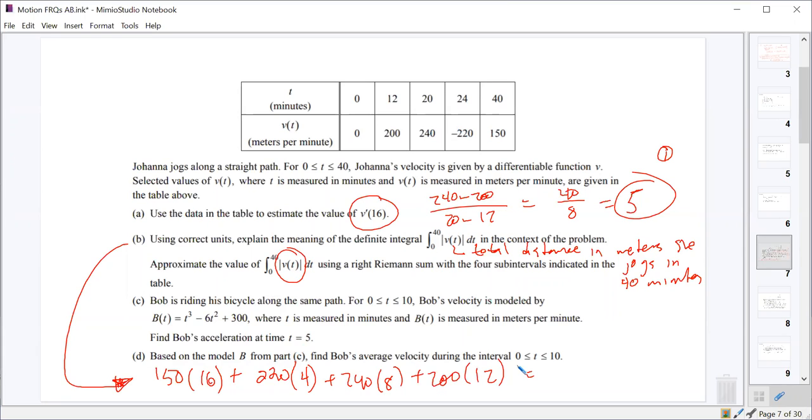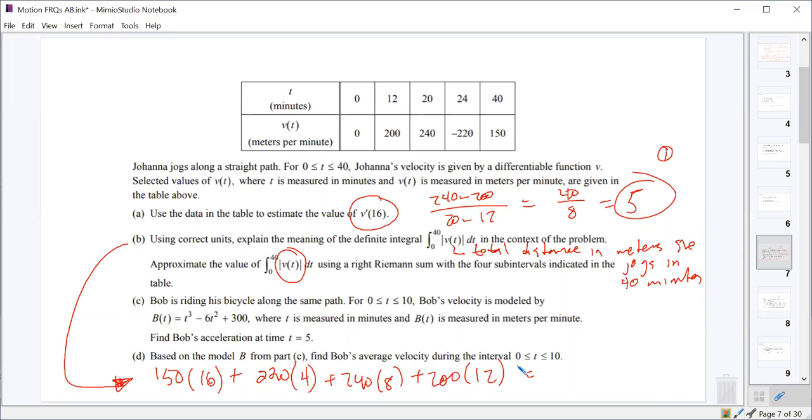And what did that all come out to be? Anybody got a number for that?